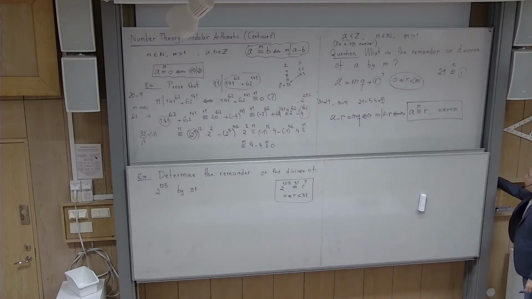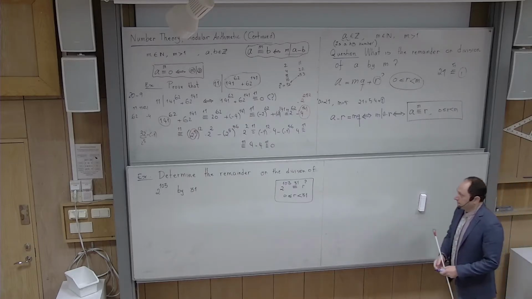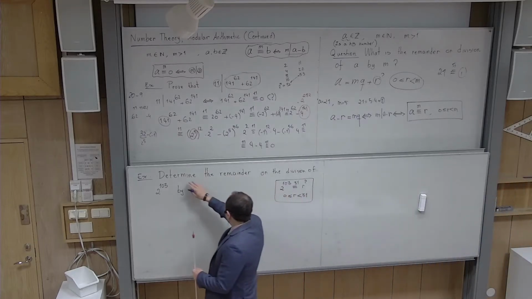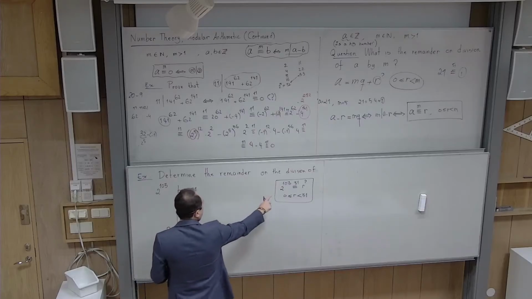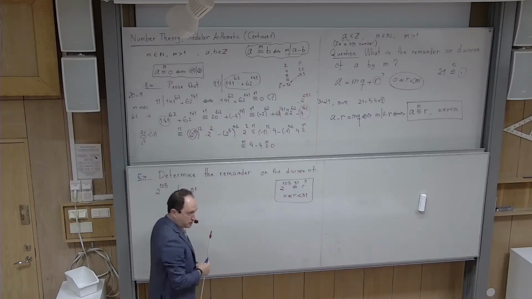If you somehow manage to write A as R, where R satisfies these two conditions, then this R is the remainder of the division of A by M. Okay, so when you read this sentence, you need to understand that they are asking you this question.